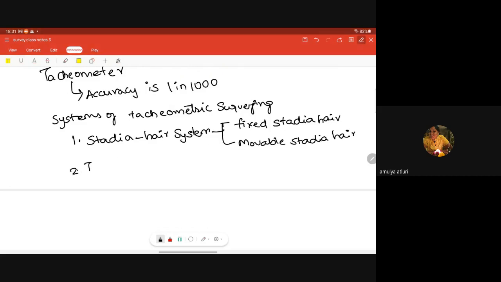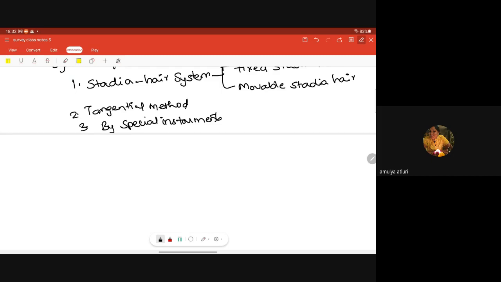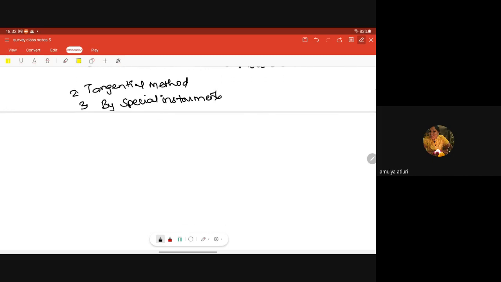Next, tangential method and by special instruments. Got it? So what is the stadia hair method?